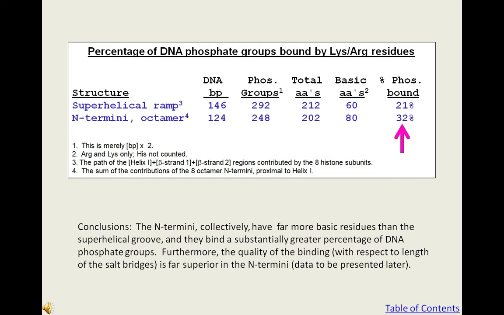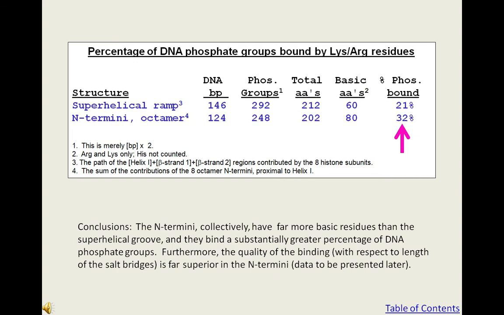You'd be hard-pressed to find any large number of 3-angstrom salt bridges in the superhelical ramp. In my 2006 protamine slideshow, I glibly asserted that there were none, which, as it turns out, is not entirely correct, but the number is, nevertheless, rather small. Most of the so-called salt bridges in the superhelical ramp are in the 5 to 10 angstrom range, hardly a salt bridge at all.